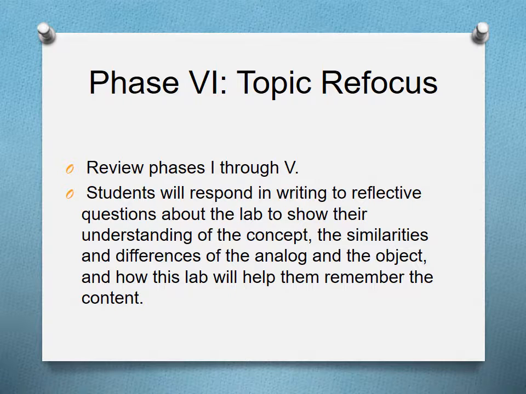Phase 6, topic refocus. We would review the phases that we went through, and students would then respond in their lab journal to show their understanding by answering reflective questions. And then they would turn that journal in at the end.